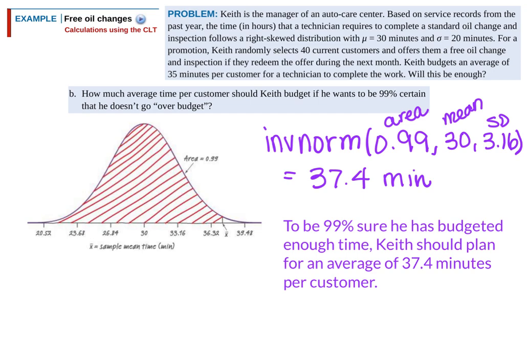So we will need our inverse norm, or invNorm. And so then we plug in the area first. So 0.99, our mean of 30, our standard deviation of 3.16, which we found in part A. And that gives us 37.4 minutes. So that means that to be 99% sure that he has budgeted enough time, Keith should plan for an average of about 37.4 minutes per customer.